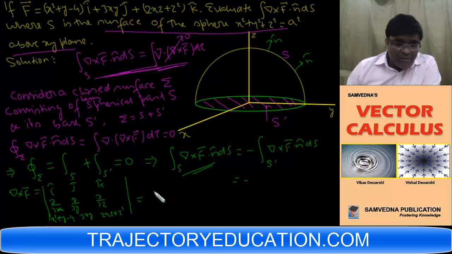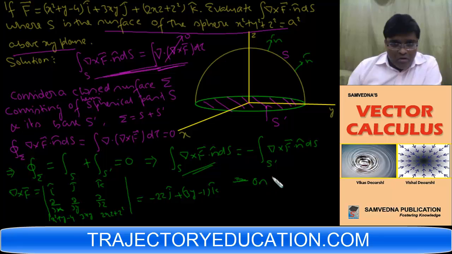So this will be equal to: there is no x component, the y component is minus 2z j, and the k component is 3y minus 1, so 3y minus 1 k.